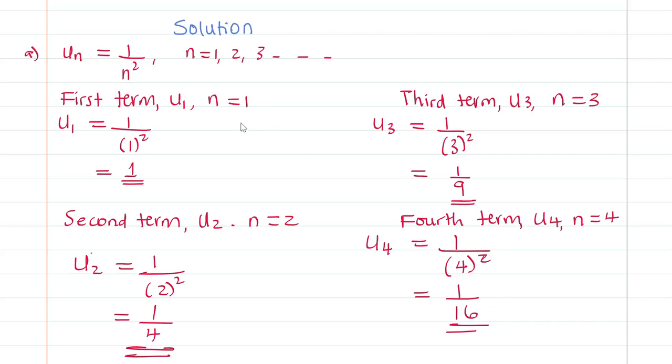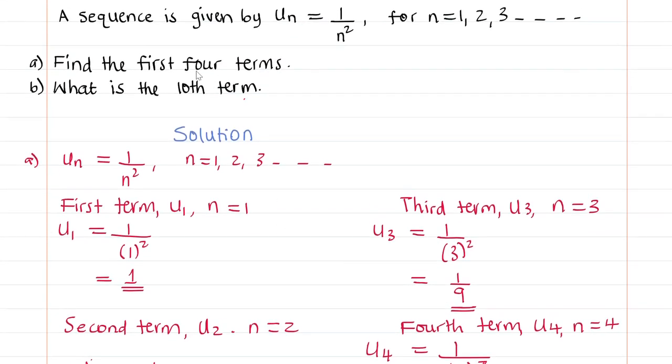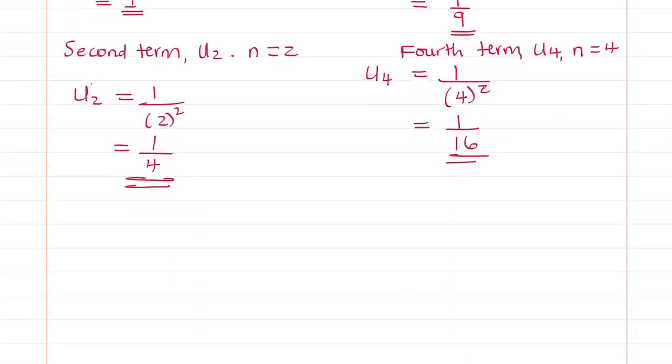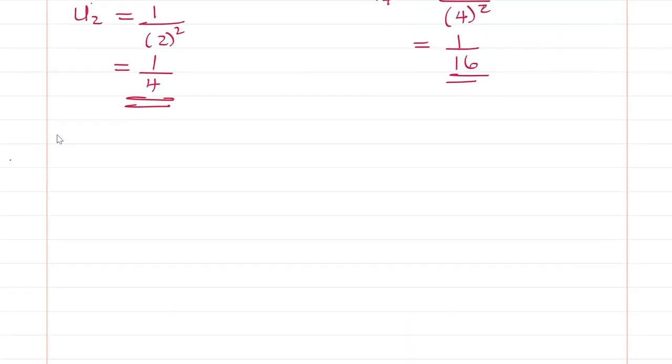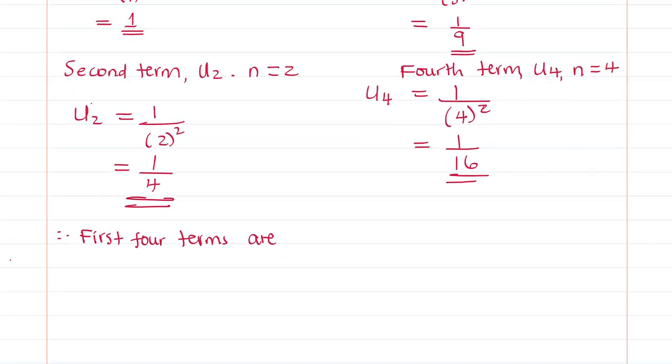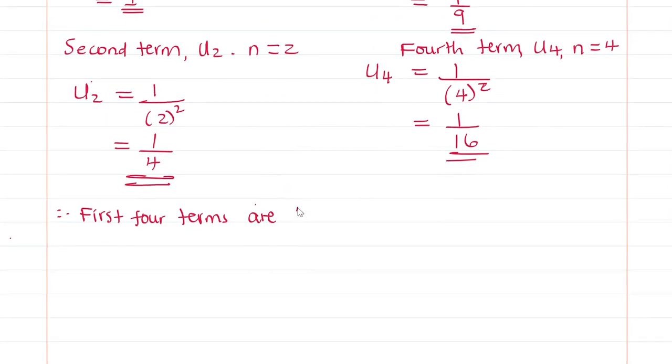Alright, so part A was the first 4 terms that we have got, and therefore we just come and conclude by saying first 4 terms are, then you come and copy. The first term was 1, second term is 1 out of 4, third term is 1 out of 9, fourth term is 1 out of 16.